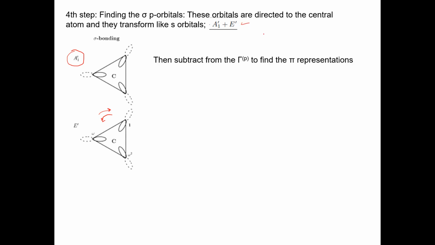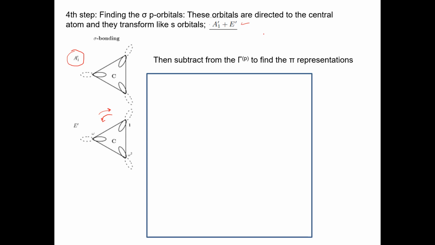So to find the pi representations, what I do is just subtract the sigma from the total. So what I do now is to find the representation for p pi. It's just going to be the representation for total p minus this representation p sigma. Okay.